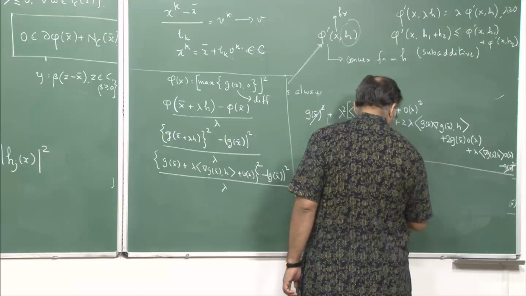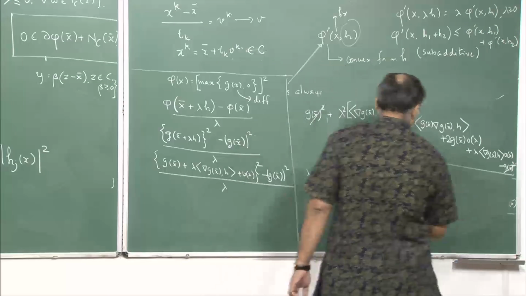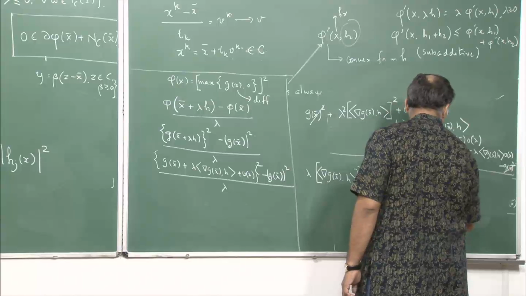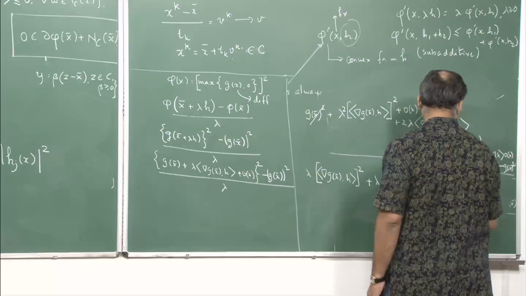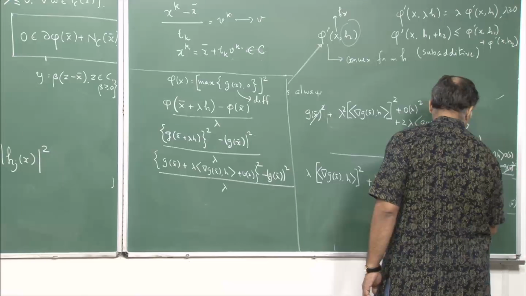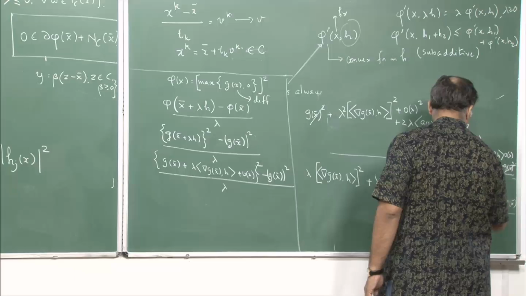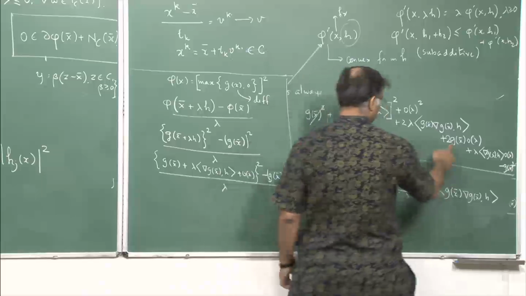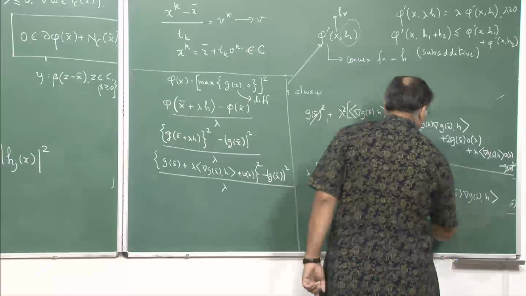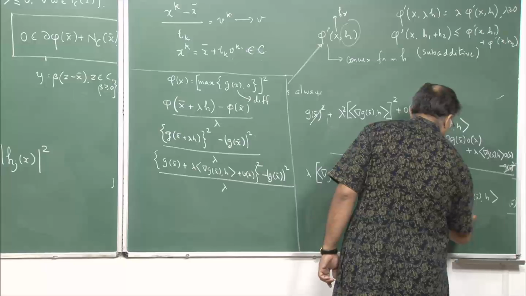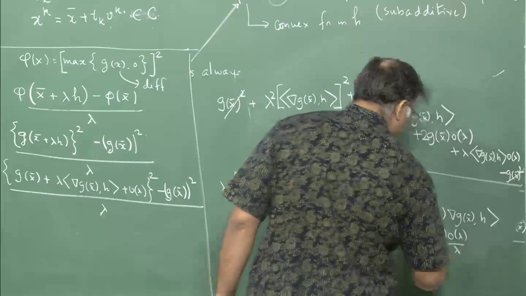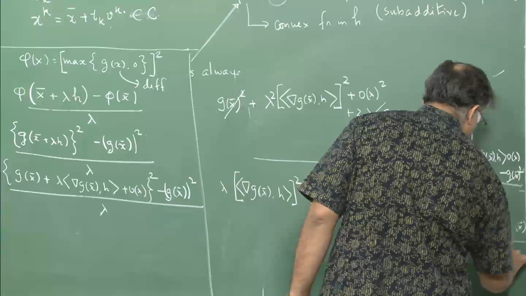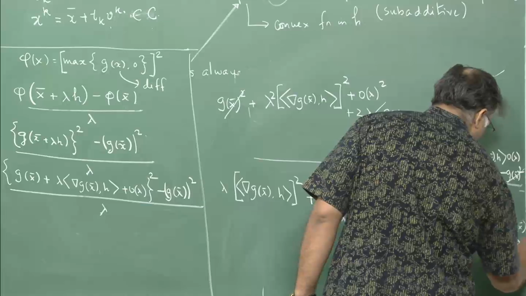So, it will become lambda, lambda, plus, now if I divide it will become 2 g x bar o lambda by lambda plus lambda times grad g x bar h o lambda by lambda.